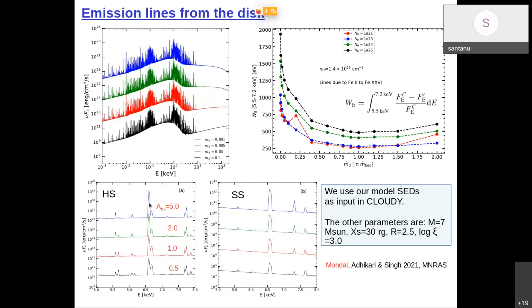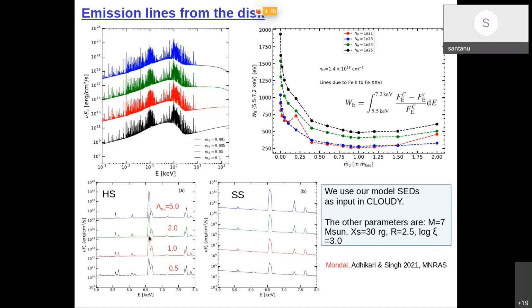In the hard state, for different values of iron abundance, we can see that this line set changes, so its intensity changes, and also complex lines are generated at low energy and high energy, around 8 or around 5 keV.